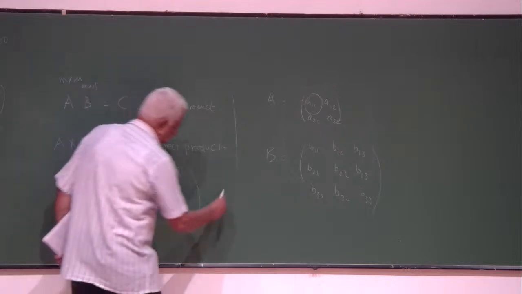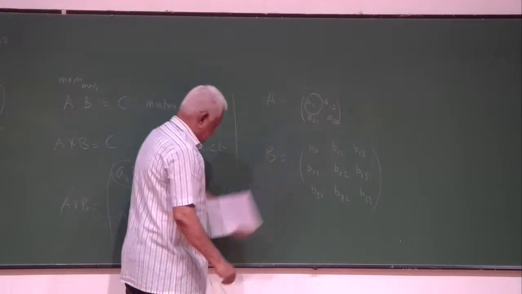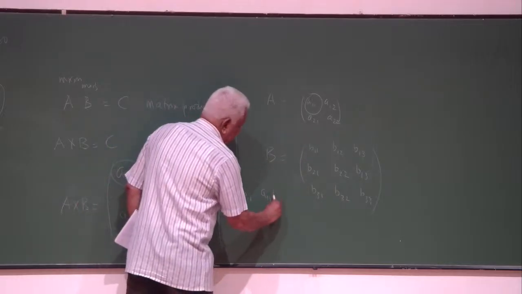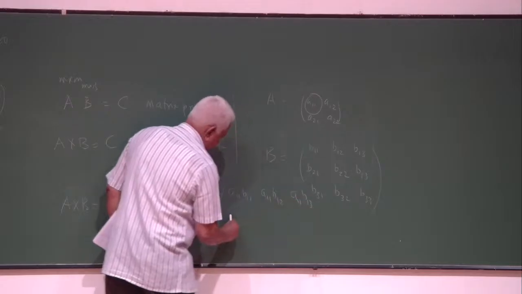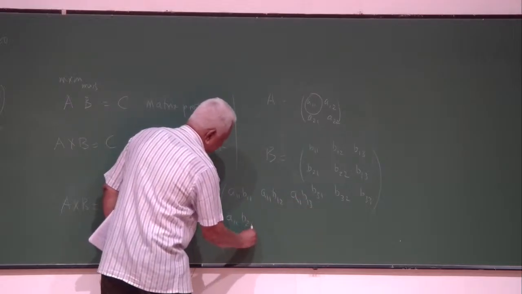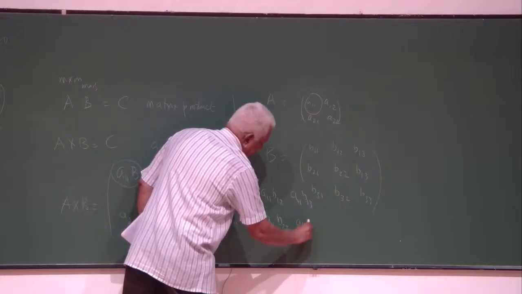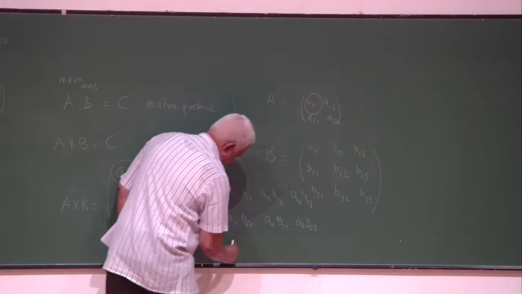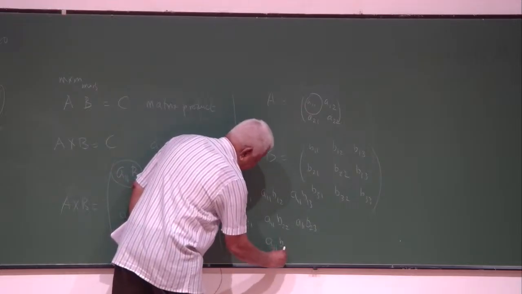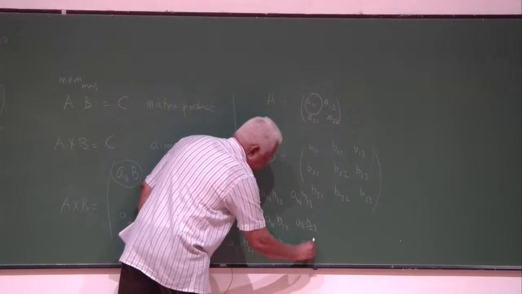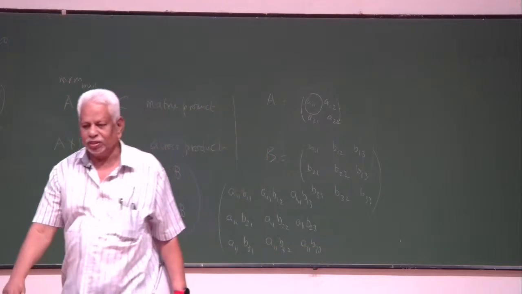It is A11 B11, A11 B12, A11 B13, A11 B21, A11 B22, A11 B23, and then A11 B31, A11 B32, A11 B33. That is that first term, first block.